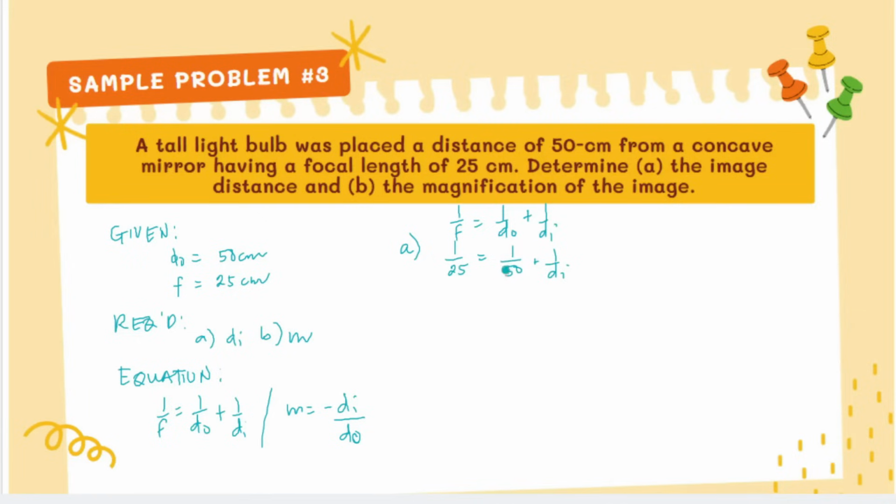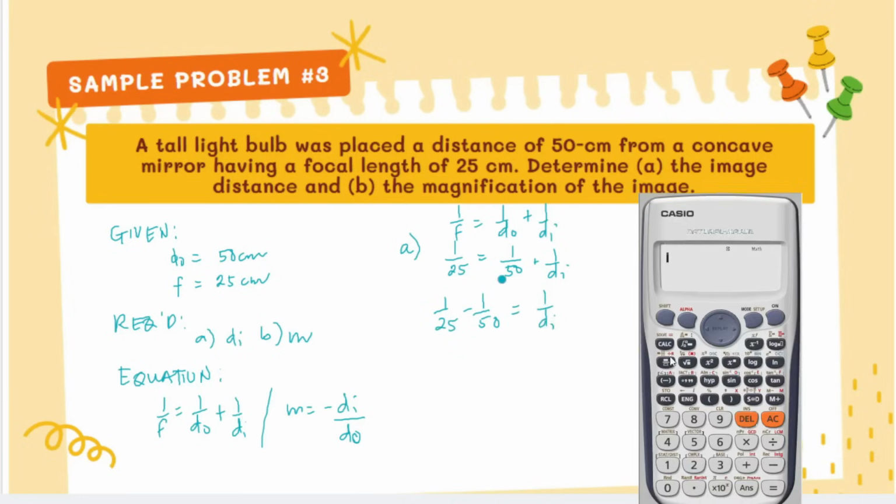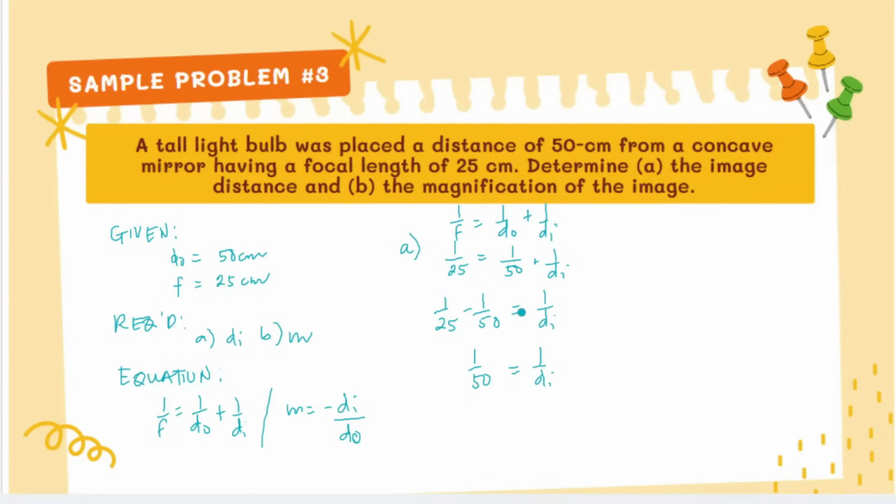So, ilipat natin si 50, 1 over 50 sa kabila. Magiging 1 over 25 minus 1 over 50 is equal to 1 over di. I-operate on the left side. We will be having 1 over 50 is equal to 1 over di. But we are looking for di. So, we get the reciprocal of the left side and the right side.